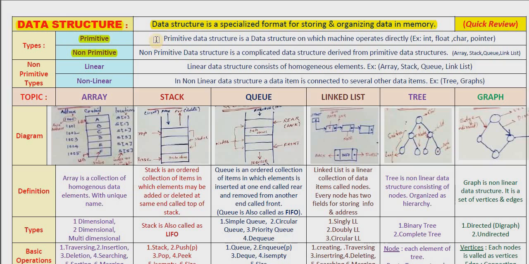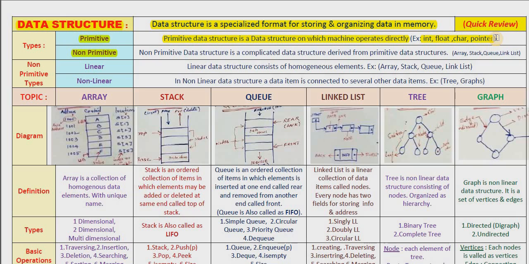So what is primitive? A primitive data structure is a data structure on which the machine operates directly. Without any complication, the machine can easily work with it. Examples are integer, float, character, pointer.